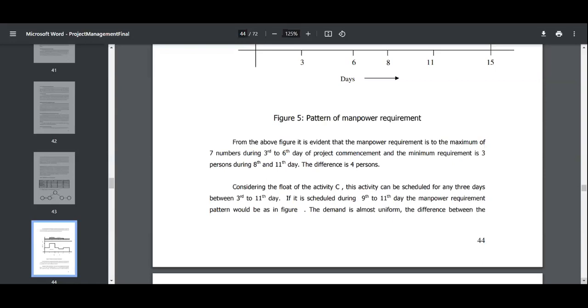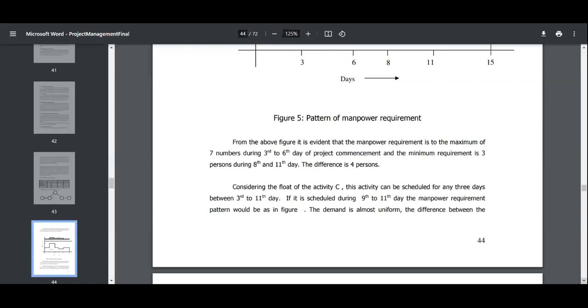Now, next it is considering the float of the activity, and this activity can be scheduled for any 3 days between 3 to 11 days, because 15 days we have required. And if you start earlier, if you finish your work on time in 14 days or 11, then that is good. But whatever the time or schedule you decided, you just fulfill it. So extra time you will not be given, because you already submitted your report that you require that many days only, right?